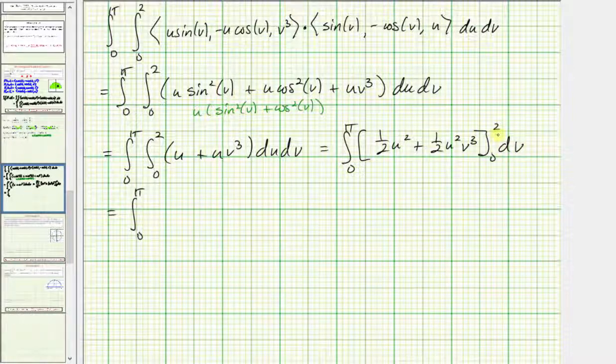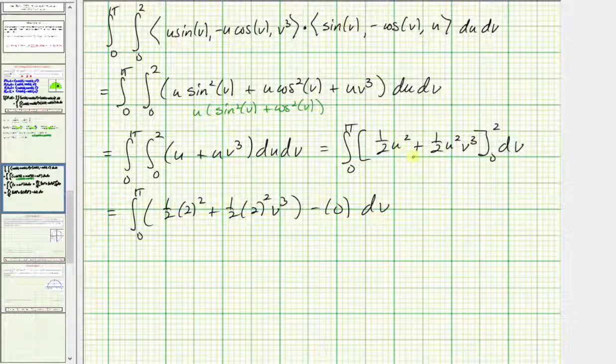Performing substitution for u, when u is 2, we have 1/2 times 2 squared plus 1/2 times 2 squared v cubed. And when u is 0, both terms are 0. So simplifying, we get the integral from 0 to pi of, this is just going to be 2, this is going to be 2 v cubed.